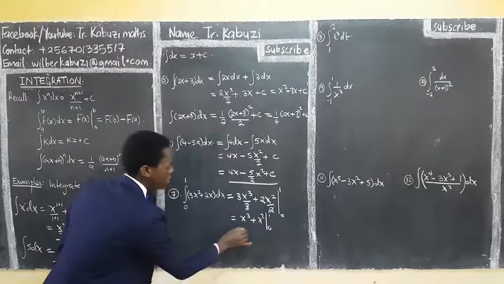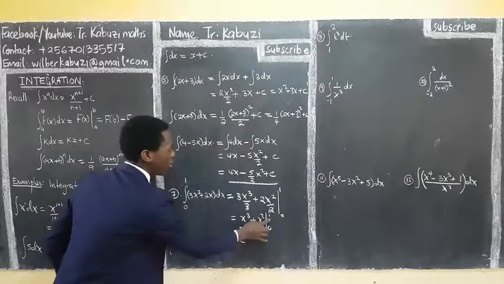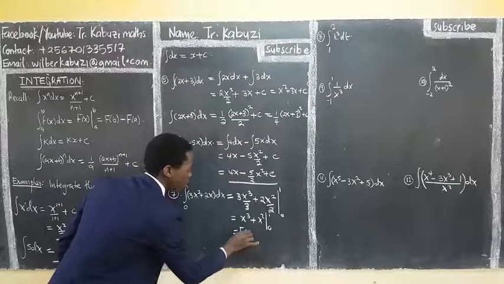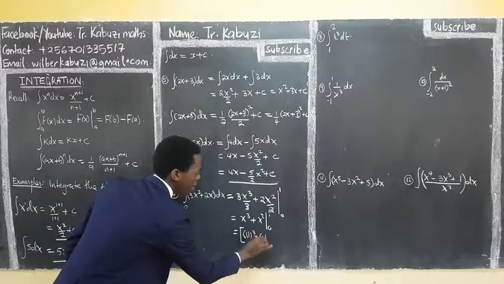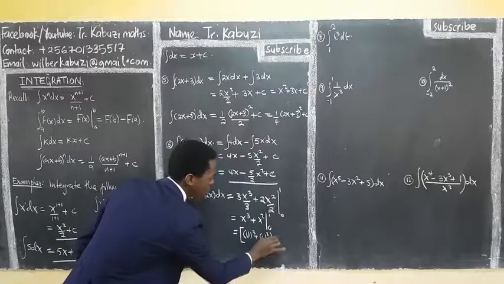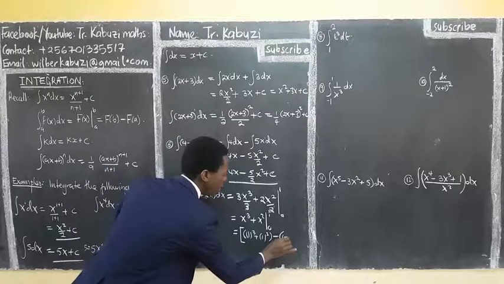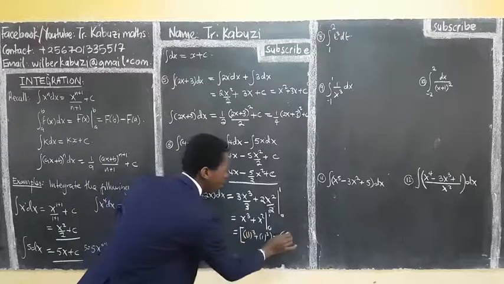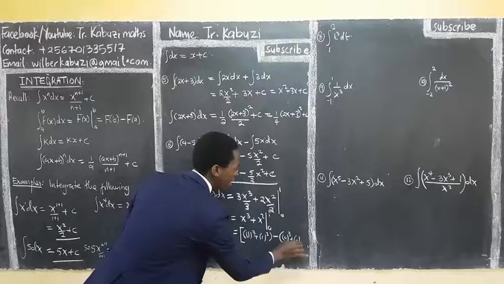We substitute the upper limit first. So when I substitute the upper limit, where there is x, I'm putting 1. So this will be 1 cubed plus 1 squared. After that, we subtract when we put in the lower limit, which will be 0, so 0 cubed plus 0 squared.